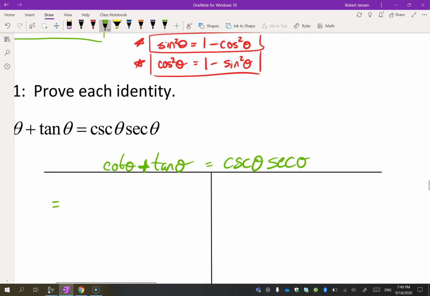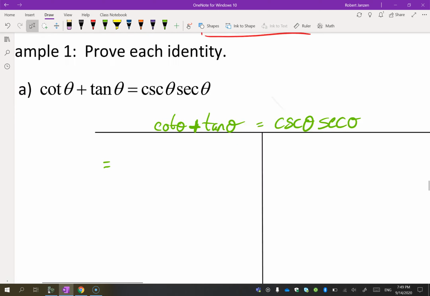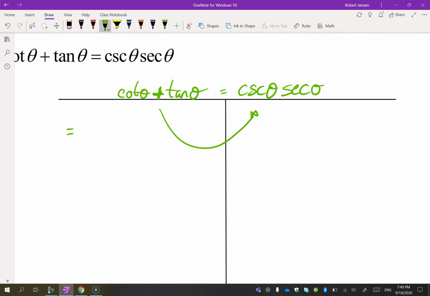How in the world am I going to make this look like this? Usually when we're stuck, we can change everything to sine and cos. So if we change this to cos over sine plus sine over cos, this gives us something to do.